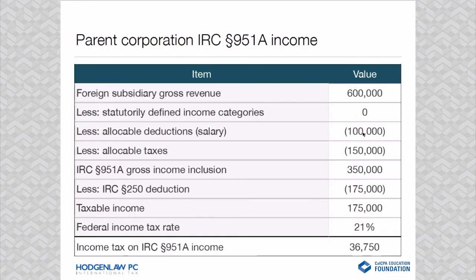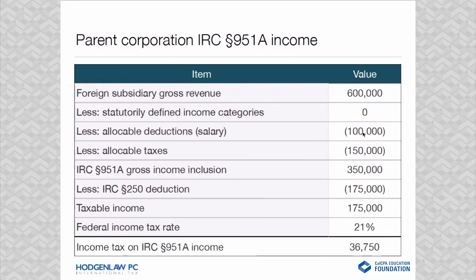Let's run through the numbers real fast. Parent corporation. So the parent corporation is plugged into the foreign operating subsidiary. Here's what its Section 951(a) income looks like. Start with the gross, same game as usual. Subtract the statutorily defined income categories, 0 in our example. Subtract allocable deductions, 100,000 salary.